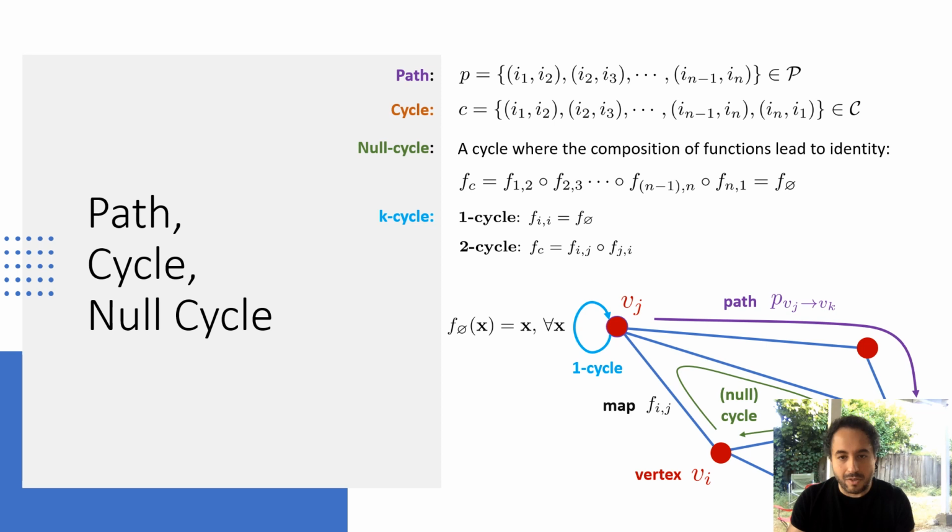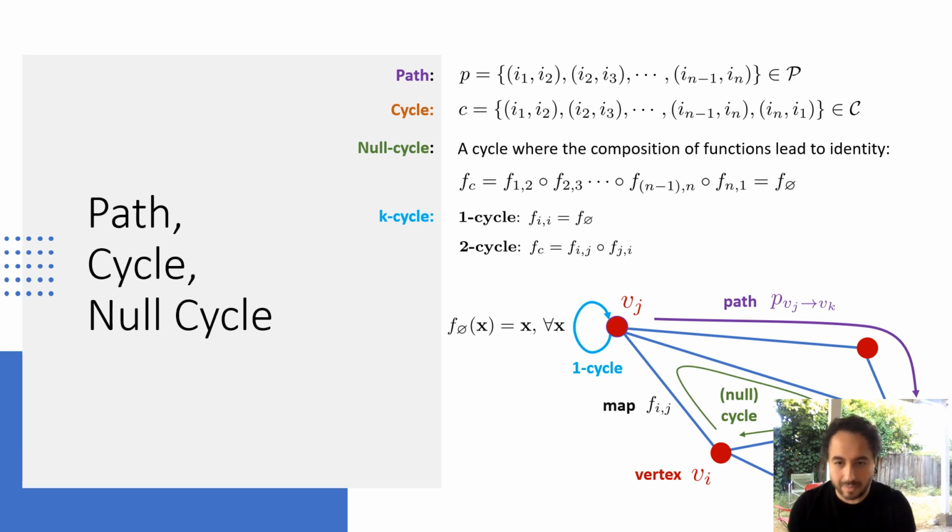And if you think about it, a one-cycle, going from the vertex to itself, actually has to be a null cycle all the time, because this is always an identity transformation somehow. And a two-cycle is just going from i to j, and then back to i from j. That's called the two-cycle, and these are two special cases.